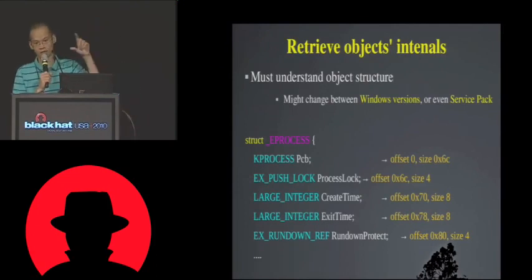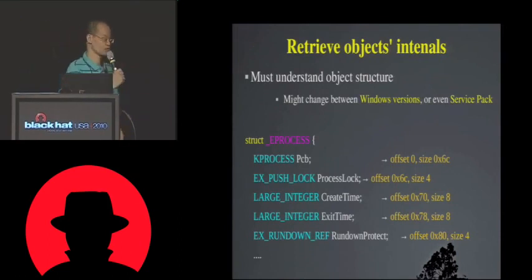Okay, so after you locate those objects, you need to get information from inside each object. First of all, you can locate a process object somewhere in the memory. But that's not enough. After that, you need to extract the fields from this structure in the memory.